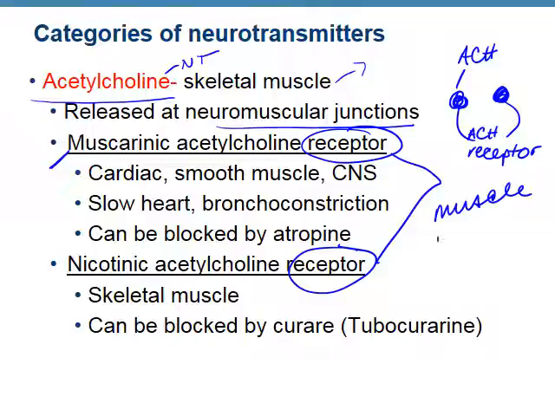They can also be found in nerves. And there's two different types, muscarinic and nicotinic. So these receptors will bind acetylcholine, but these receptors are different. So they will cause different actions to occur depending on which type of receptor is present. So you can see muscarinic is present in cardiac and smooth muscle, and nicotinic receptor is present in skeletal muscle.